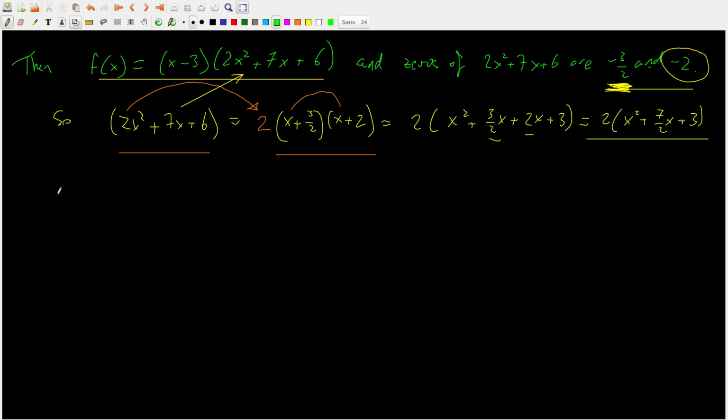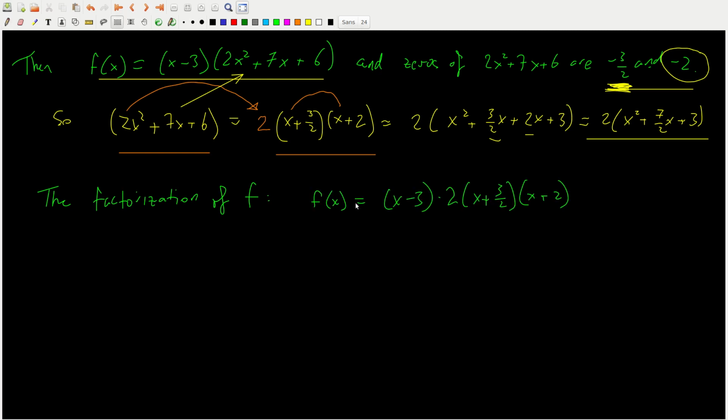So the total factorization of f is what we're actually looking for, or the zeros of f, put another way. So we can write the factorization of f as follows, which gives us this expression. We've got the original x minus 3 and then the factorization of the polynomial.